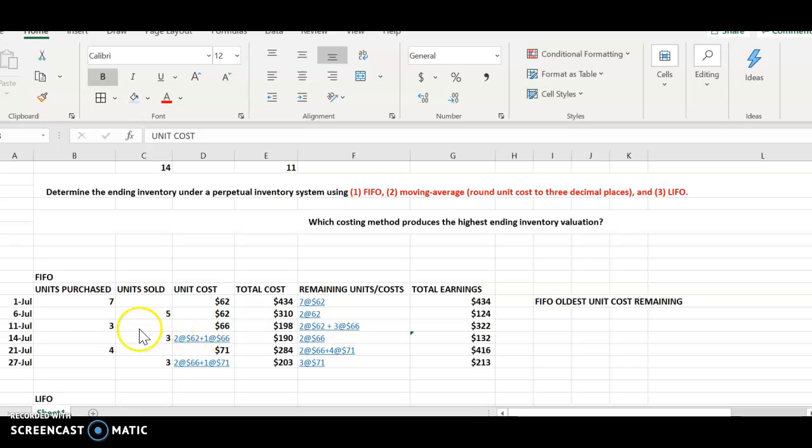And then on July 11, we purchased 3 units at the price of $66. We multiply this and the total cost will be 198.